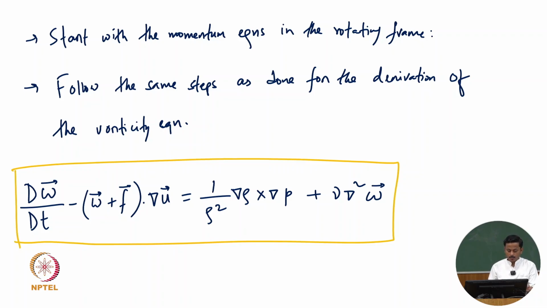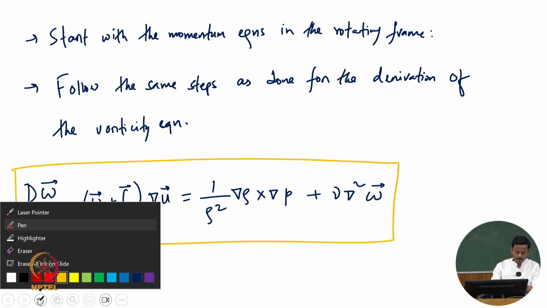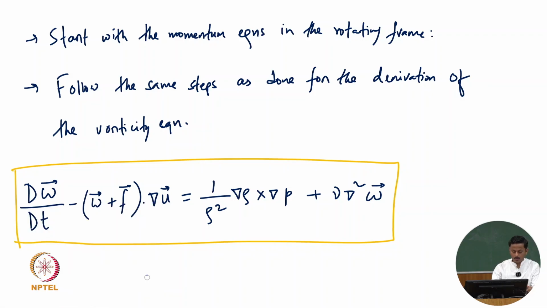You can see that the only term that changes when we compare it to the vorticity equation in the non-rotating frame of reference is this one. This is the term which includes the rotation of the reference frame, and this f equal to 2 omega, we know that f is the variable that is 2 omega.